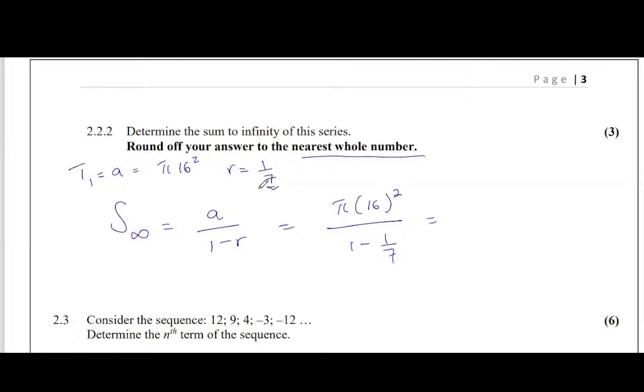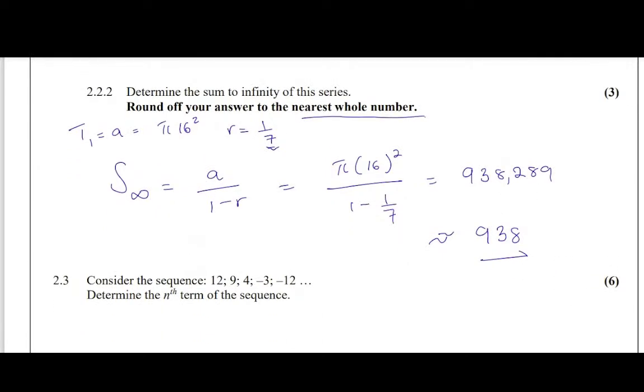And then I'm getting 938,289. And then for me to get the nearest whole number, I just have to round this off, which is approximately 938, because 2 won't affect the 8. That is 2.2.2.